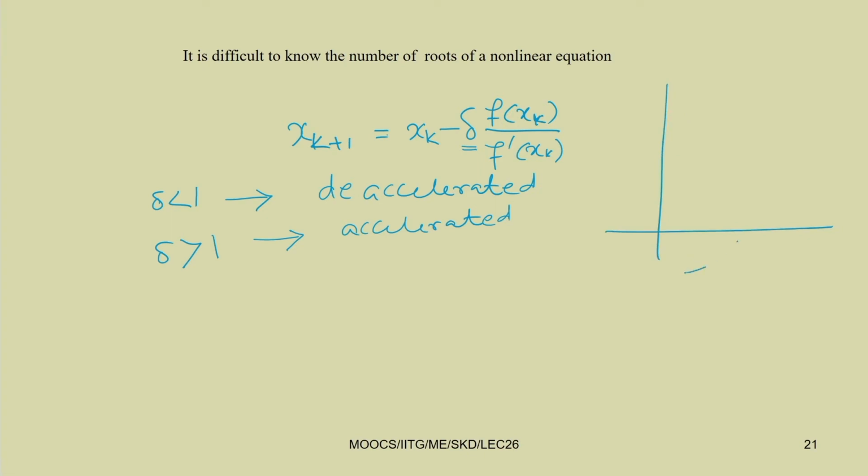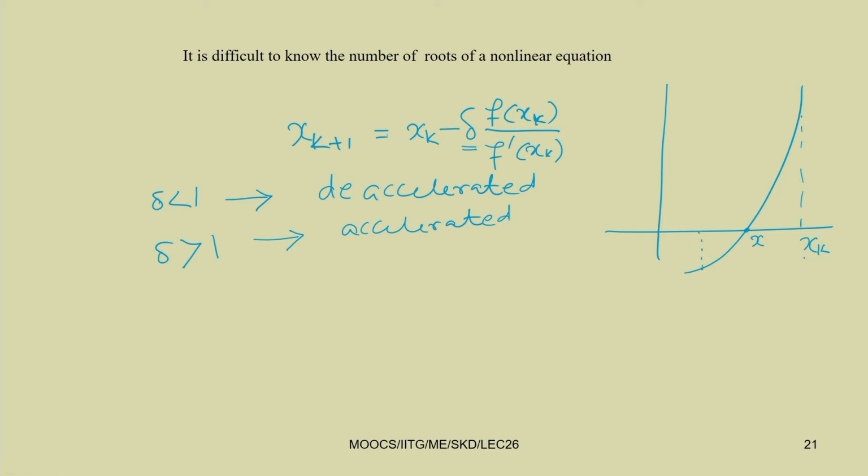This is the curve. This is x k, then this is x k plus 1. Then the next point, let us say we take it here. You can see we are taking delta equal to 2.